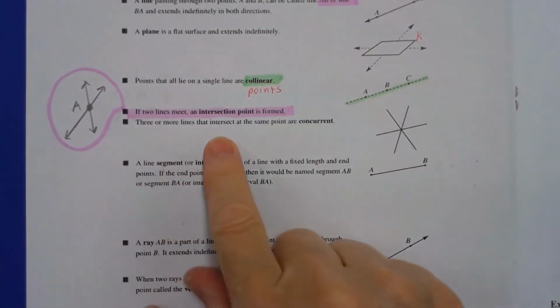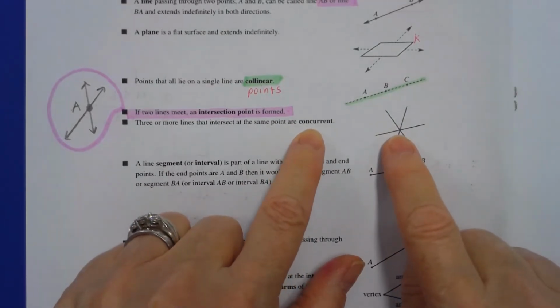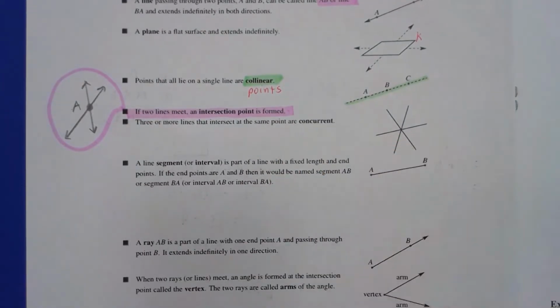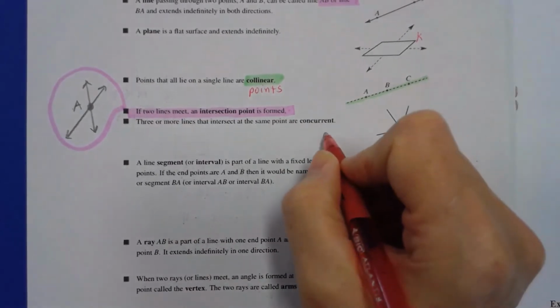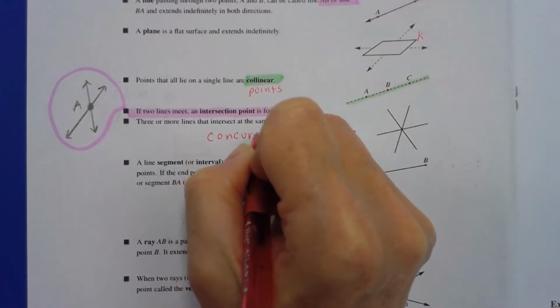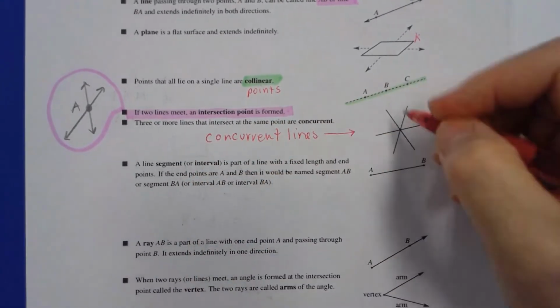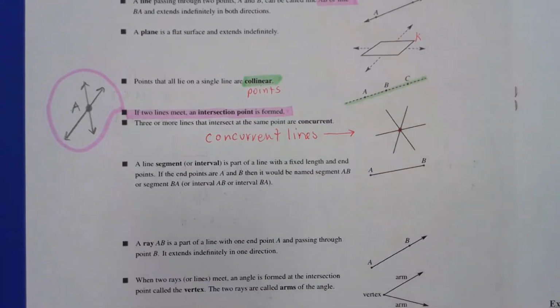All right. When it's 3 or more lines that intersect at the same point, the lines are called concurrent, because they all have that point there.